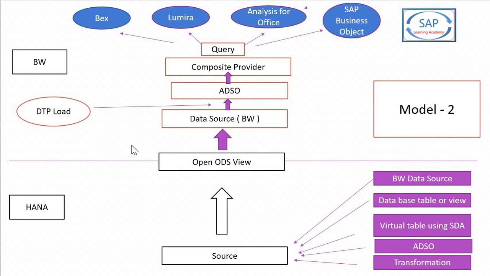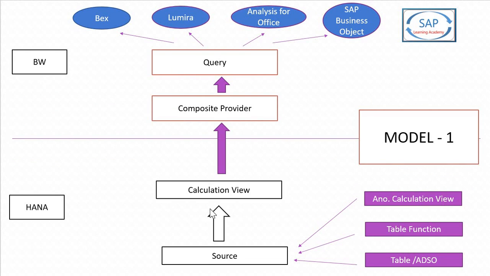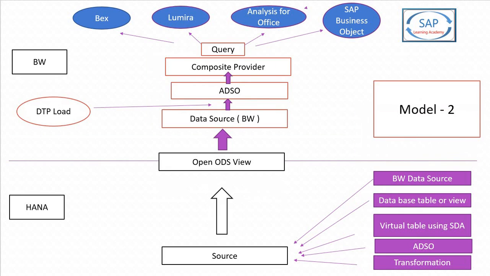Now we will discuss model number 2, and here we have mainly changed the source. Here we have used the OpenODS view in place of the calculation view. As you have seen, in the previous model we used HANA views like calculation view, attribute view or analytic view, but we are going to change the source now. We are using the OpenODS view.